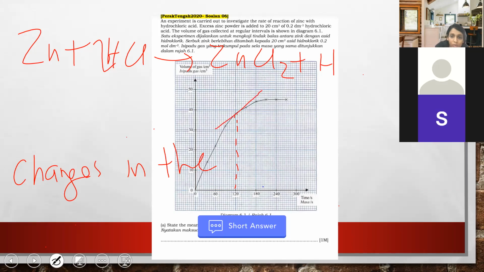After you draw a tangent, you are going to get y2 minus y1 over x2 minus x1. That is what gives you the rate of reaction. We can't do it now, unless those of you with the paper, you can do it.